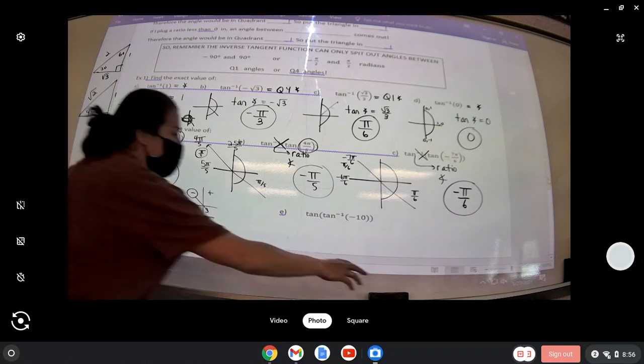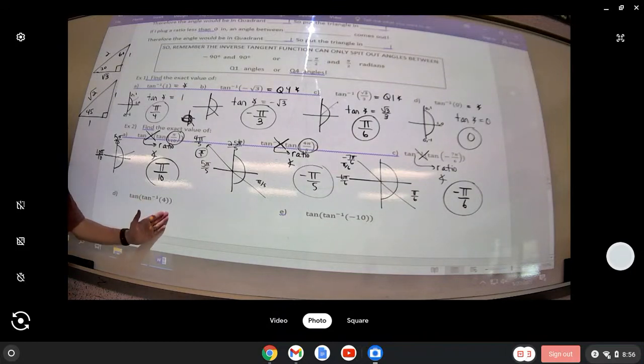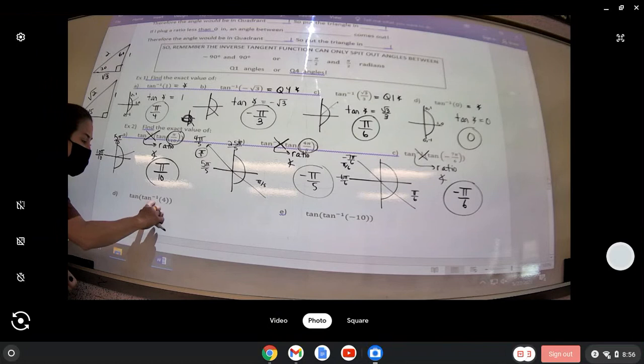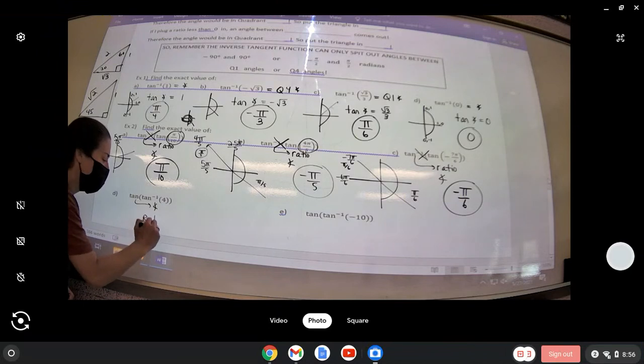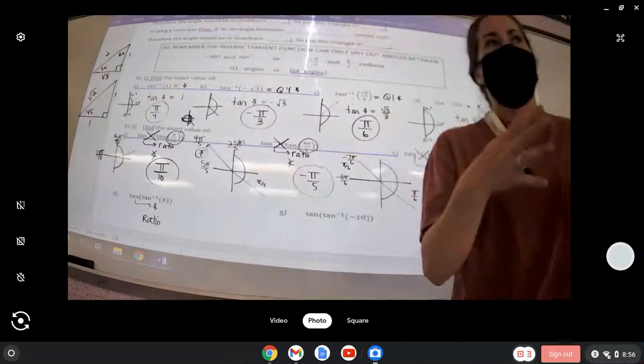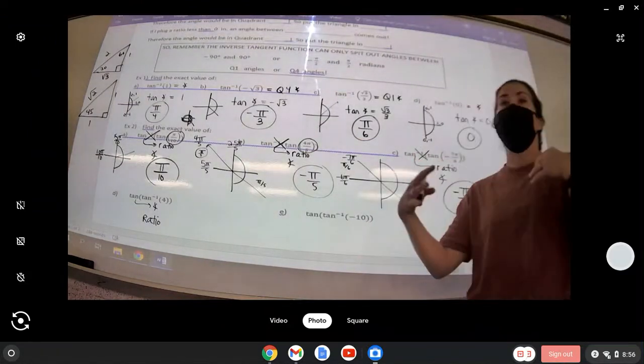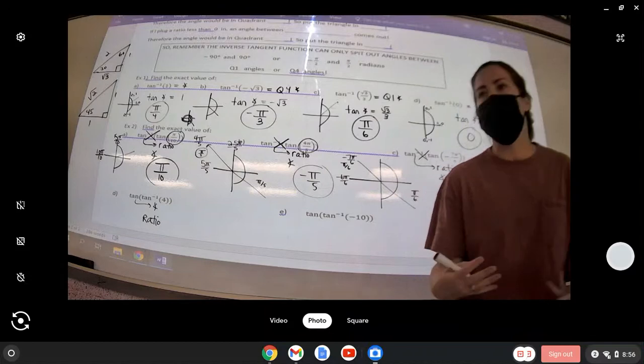These are the best ones. So look at these. Now we do the composition the other way. Now you're taking the tangent of the inverse tangent of 4. Well, you take the inverse tangent of a ratio, you get yourself an angle. You take the tangent of an angle, and the answer is definitely a ratio. But if you remember, there were no bad angles that went into tangent, which means there are no bad ratios that you could plug into the inverse tangent.